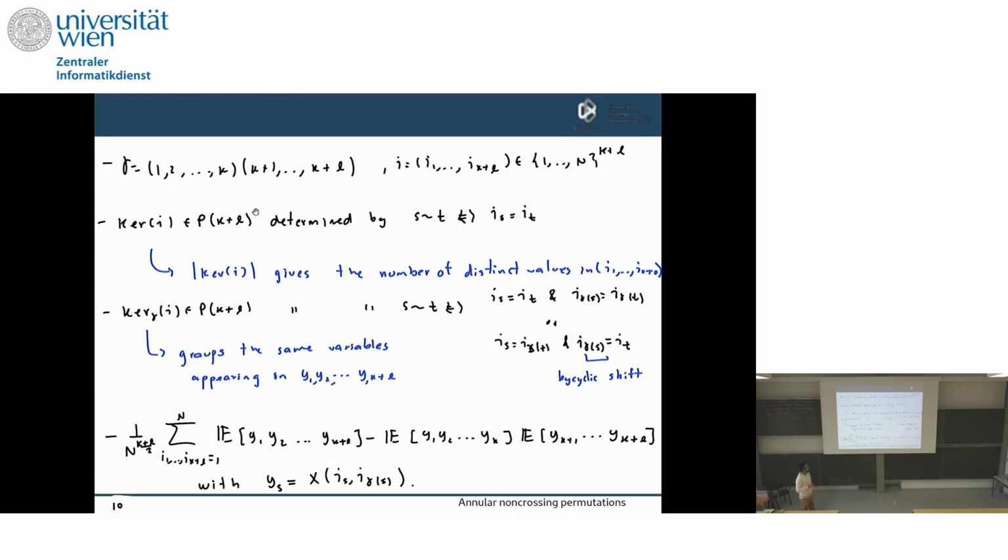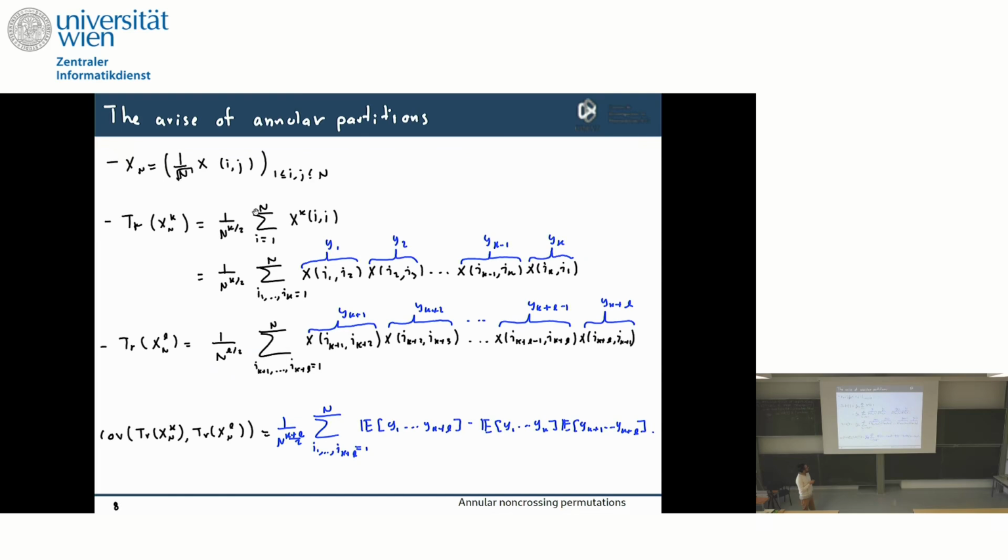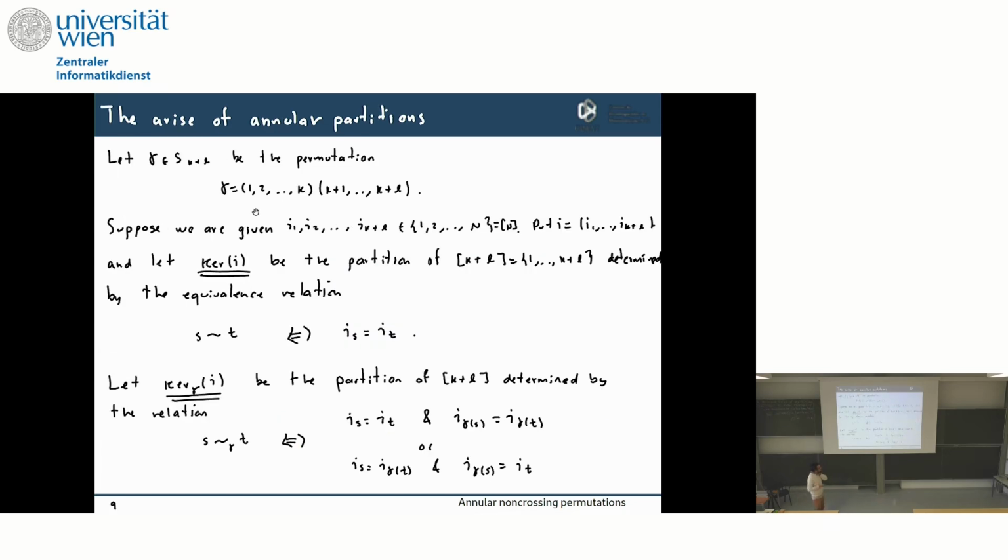What this does is, with the kernel of i, I'm just recognizing which indices are repeated here. And then with the kernel of i gamma, I'm just grouping the same variables that appear here, because I could have the variable as x_ij or x_ji. Good.